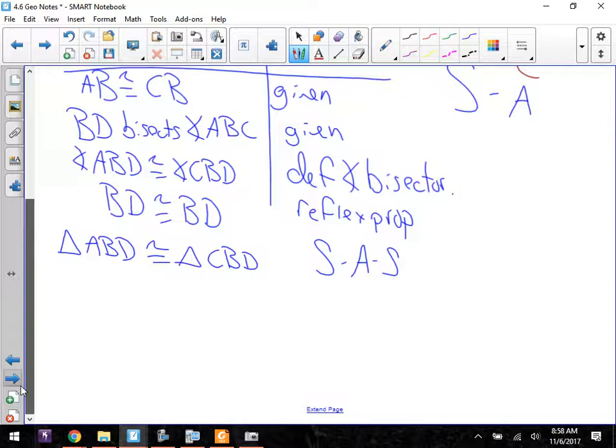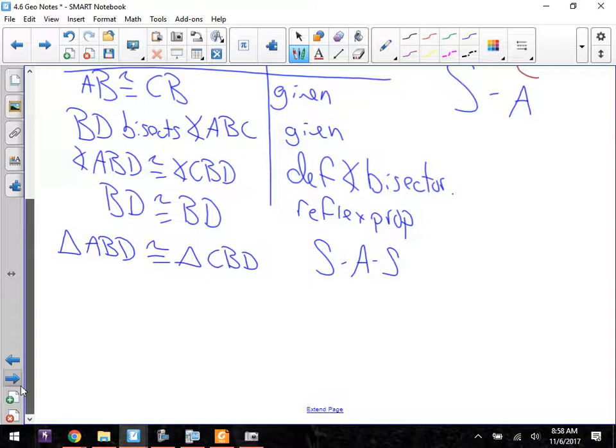But what happens here then is, once you have triangles that are congruent, or congruent figures, that means all the parts wind up being congruent. When you have all parts being congruent, that means all their corresponding parts are congruent.